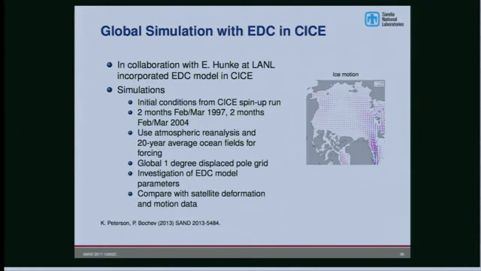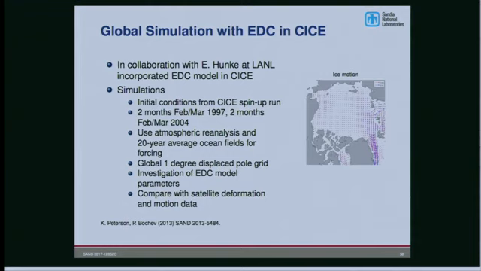So we've also looked at global simulations. I'm just going to show the Arctic, but in collaboration with Elizabeth Hunke, we incorporated the elastic-decohesive model into sea ice. So for these simulations, we used the spin-up, an elastic viscoplastic spin-up from sea ice as our initial conditions. And then we also had initial conditions for the crack opening that we put into the elastic-decohesive model.